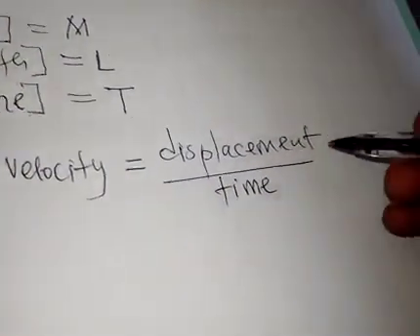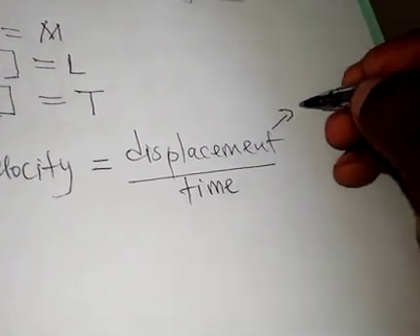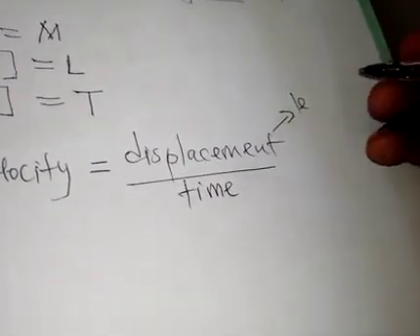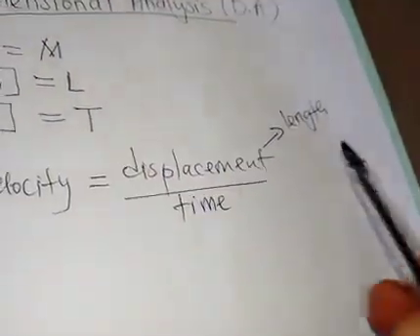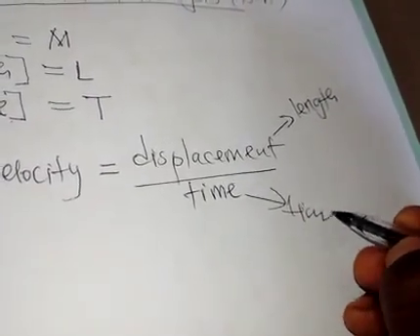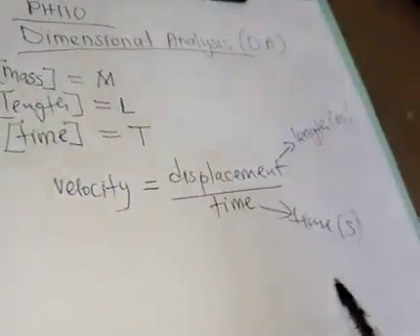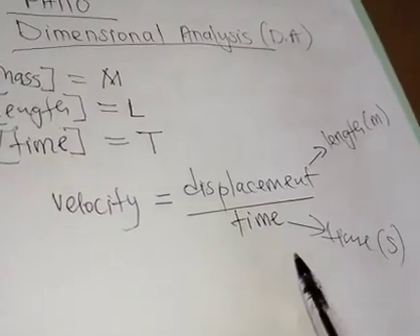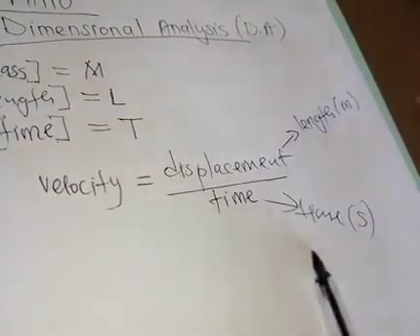Displacement is measured in meters, so that is simply length. And this is simply time in seconds. So we now know the basic quantities that make up velocity: length over time.